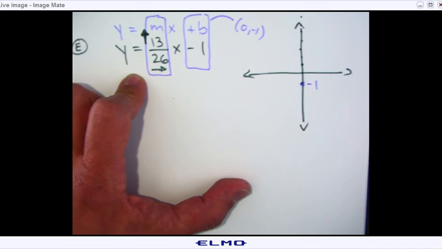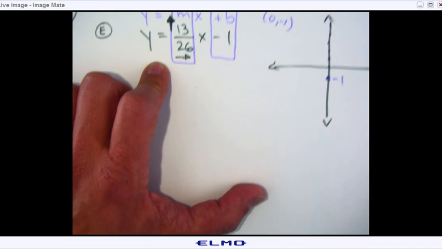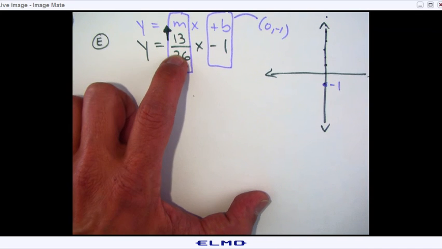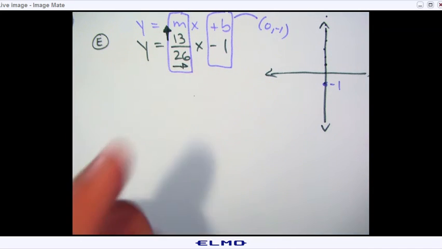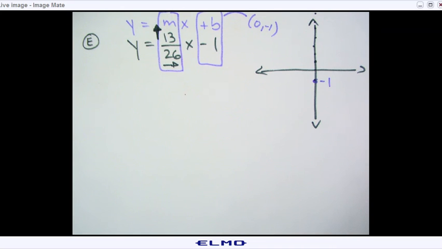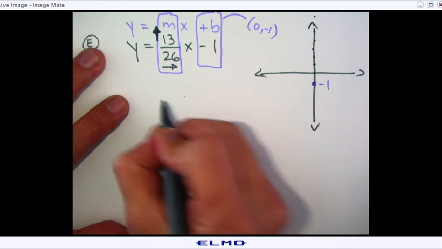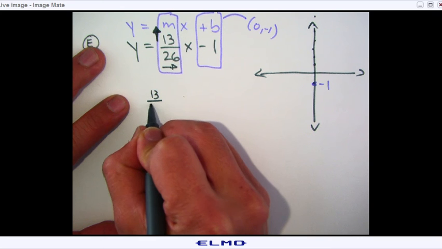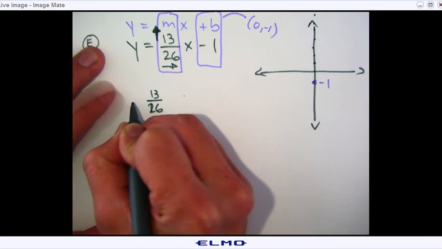What we just learned for about 20 minutes is you're going to simplify the fraction. Instead of finding an equivalent fraction, you find an equivalent equation. So let's do this. 13 over 26 is your m.